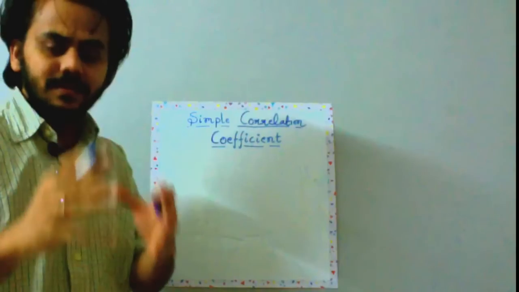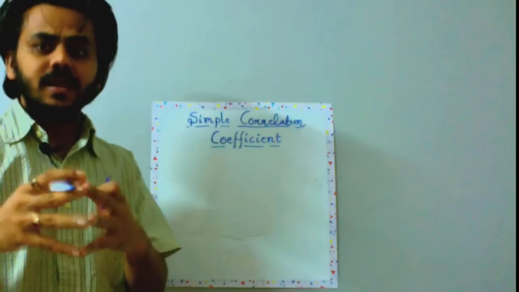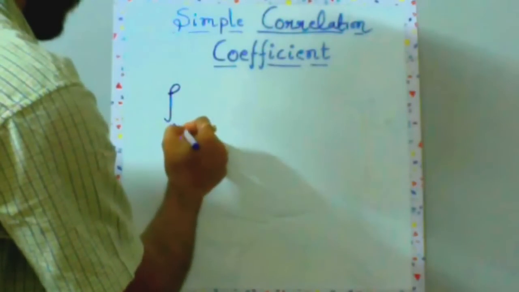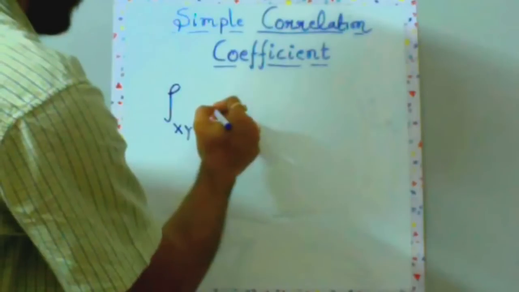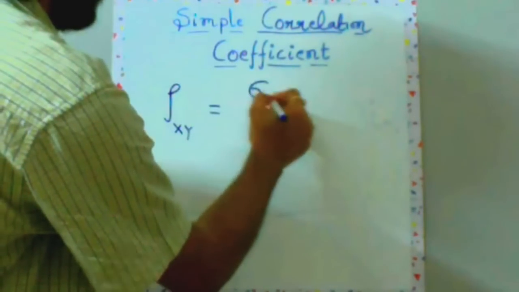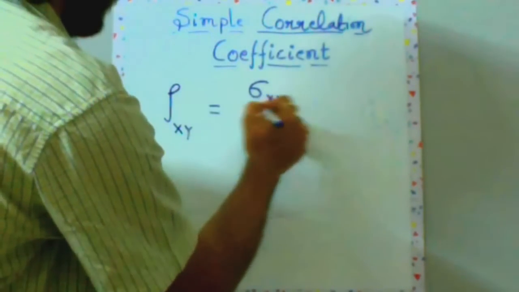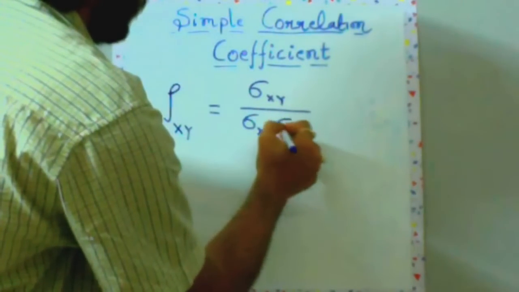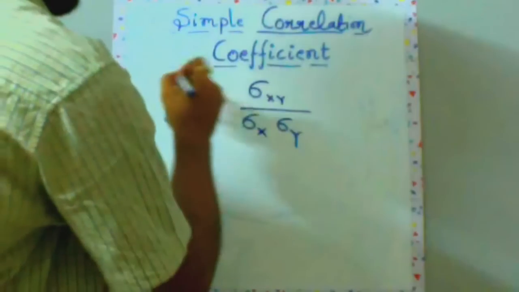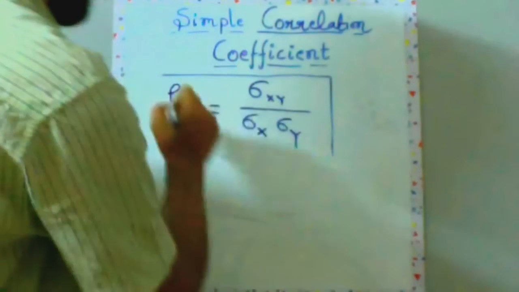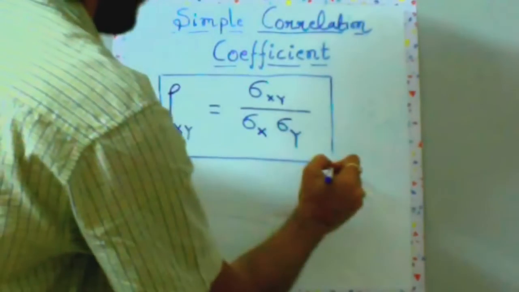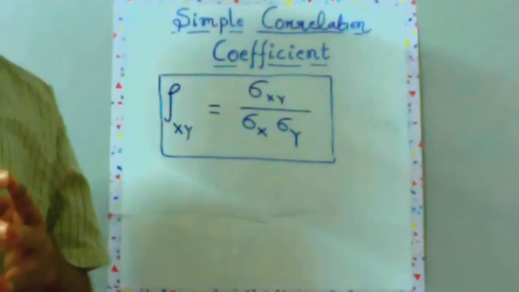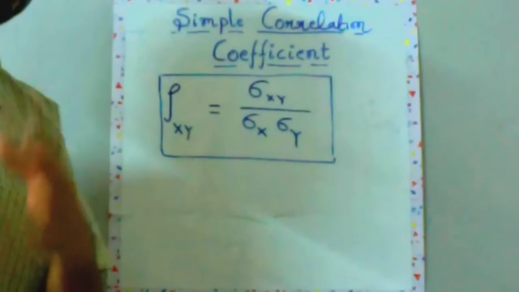So, simple correlation coefficient between x and y can be denoted as rho xy, which is equal to sigma xy upon sigma x into sigma y. Now over here, this is a very standard correlation coefficient. Your sigma xy can take population covariance or sample covariance.